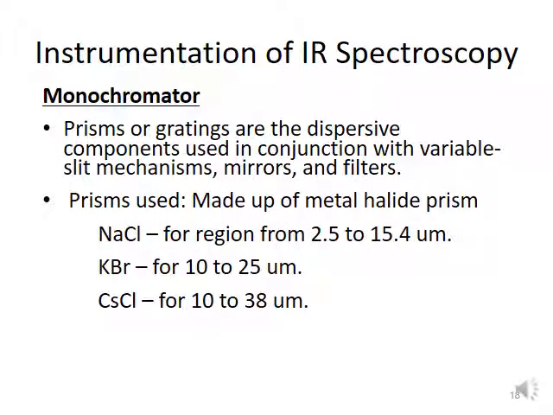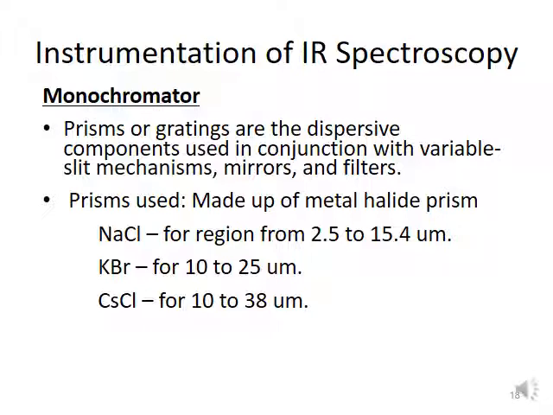Now we go for the monochromator. Like in UV spectrometry, we also use a monochromator. A monochromator is something you need to choose the wavelength.